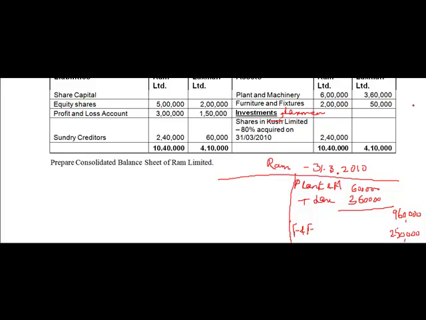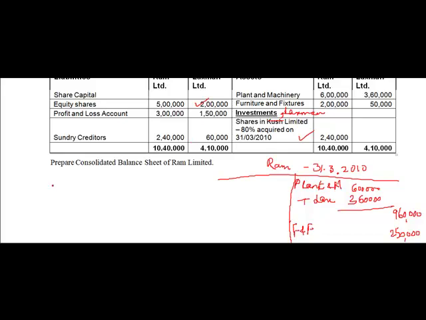Then comes the next one. And this is important. So what has happened here is the third one is my investments. So I'm getting 80% of shares which I acquired in Kush Limited for 2,40,000. And what is the share capital of Lakshman Limited? It is 2 lakh.